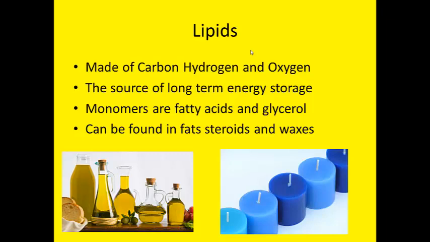Lipids are going to be long-term energy sources, and lipids actually store a lot of our energy, while carbohydrates utilize that energy quickly. The monomers of lipids are fatty acids and glycerols. Examples of lipids are fats, waxes, and steroids. So anything that contains fat are lipids.